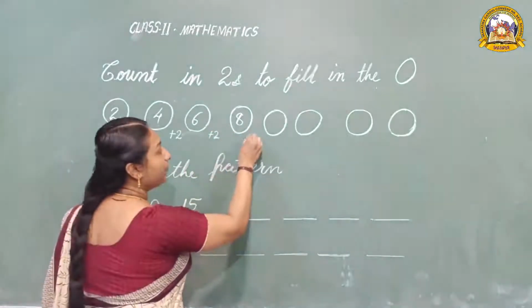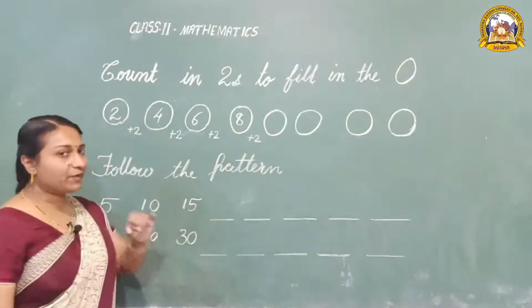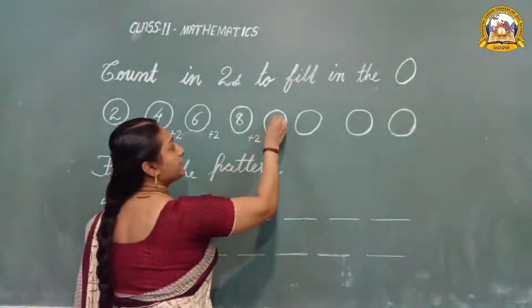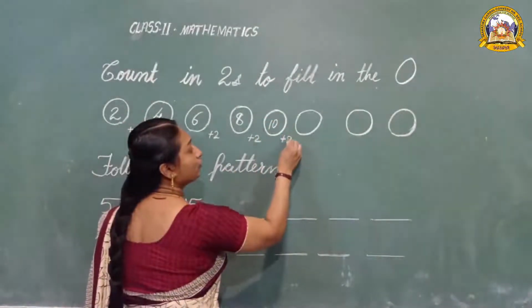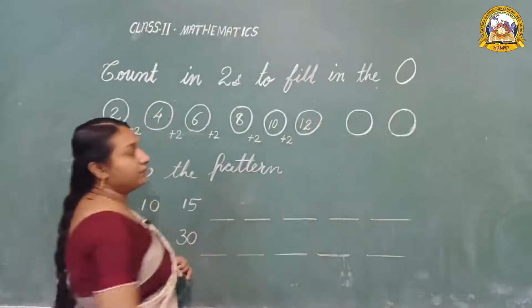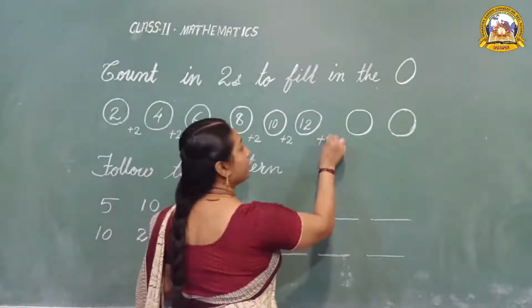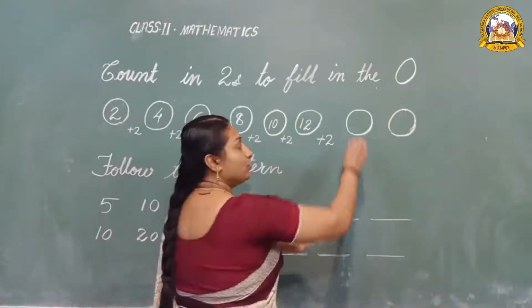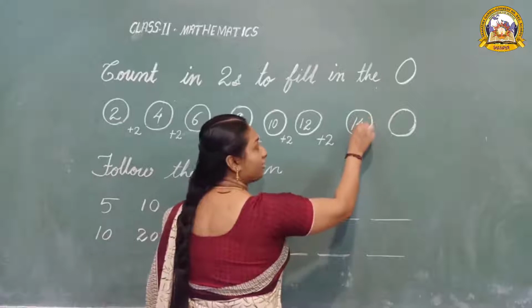Then 8 plus 2, after 8 comes 9, 10. Next plus 2, 10 plus 2 is 12. Again plus 2, 12 plus 2 is 14.